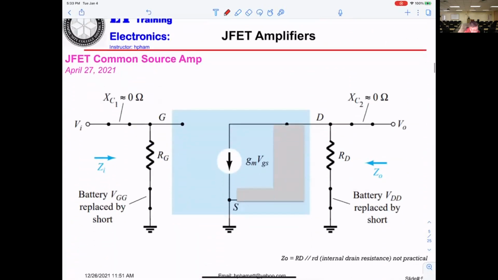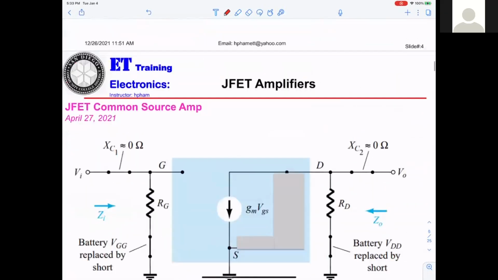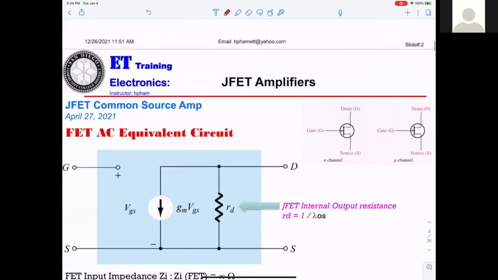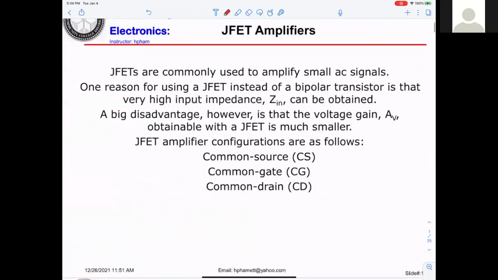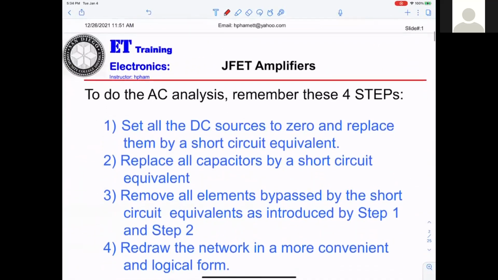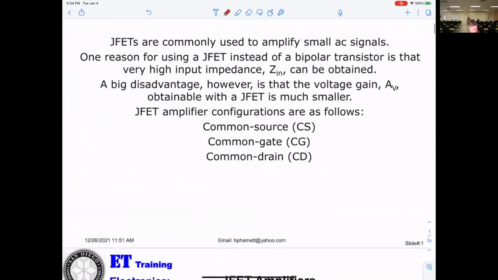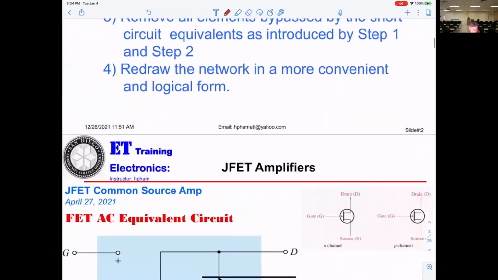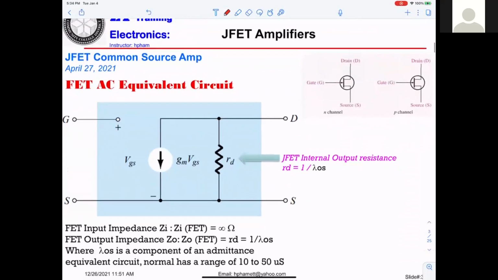Up. Up. Right there. You passed it. Stop right there. Right here.